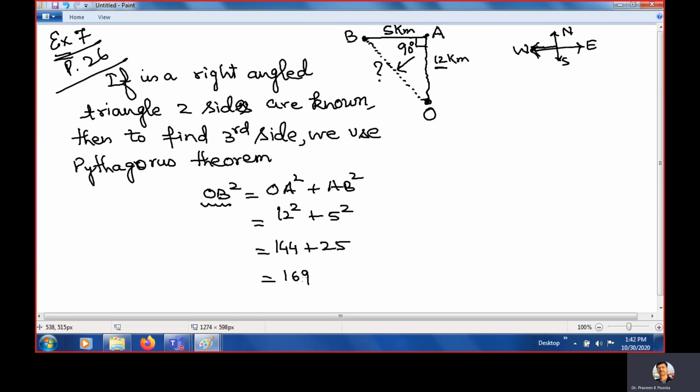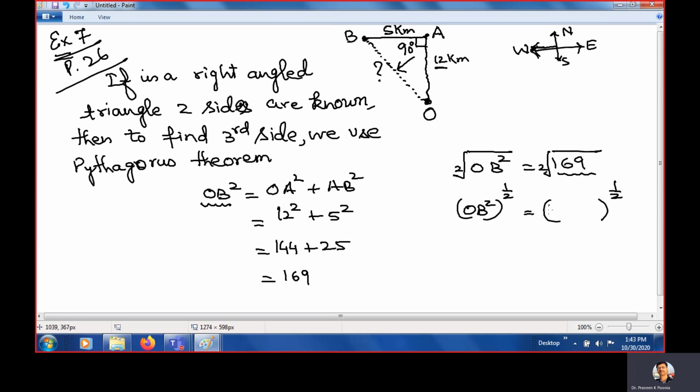So what is OB? OB power 2 equals 169. So how can you remove this square? Taking a square root. The 2 will be removed by 1 upon 2. OB power 2 to the power 1 upon 2. Now you need to break 169 into two equal parts.